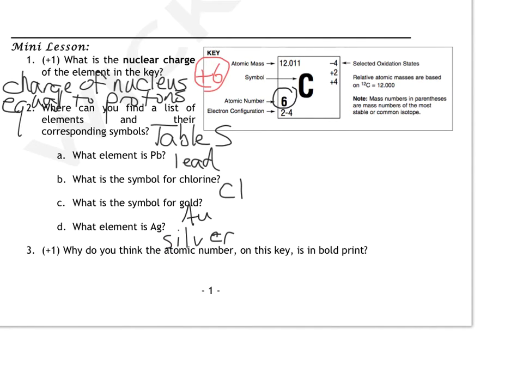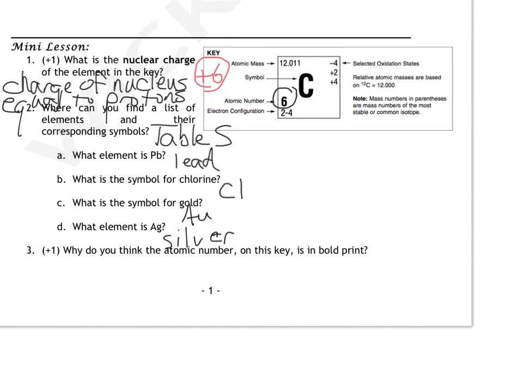A lot of people have the instinct to capitalize the names of elements, so they'll put capital L, capital S. That's actually incorrect. You should always use lowercase letters to begin the names of elements. I guess the only exception would be if you were starting a sentence with that element, but otherwise it's always lowercase.